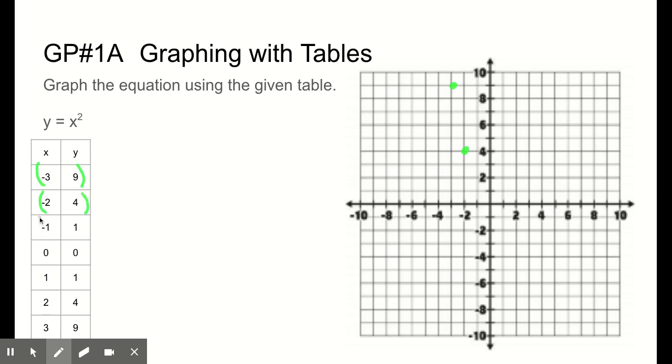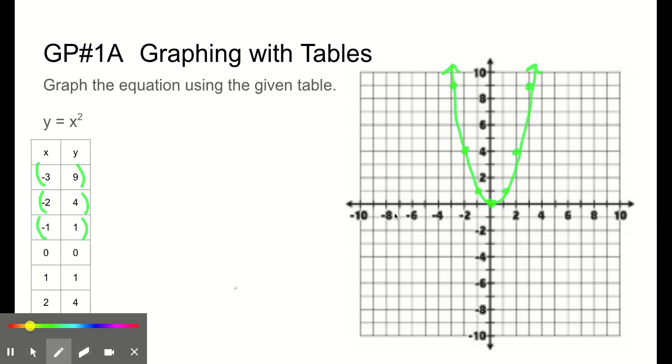Don't forget what we're getting when we do this table of values. This is an XY table, so X and Y, X and Y, X and Y. -1, +1, 0, 0, 1, 1, 2, 4, and 3, 9. So that gives us our graph of a parabola.